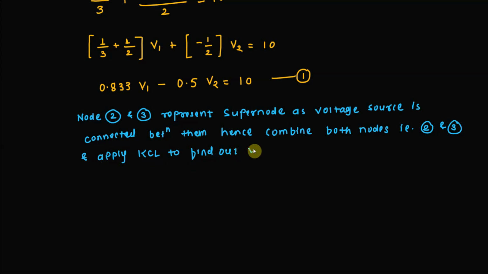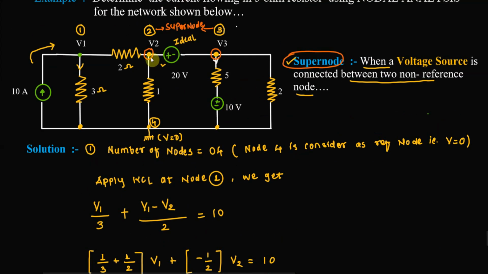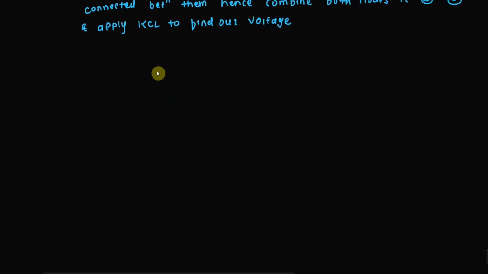Okay. So as node 2 and 3 are representing the supernode, we will combine these two nodes, 2 and 3. So it will be treated as one node and we will call that node a supernode, and we will apply the KCL. Okay. So I will write in the next step, apply KCL at supernode.